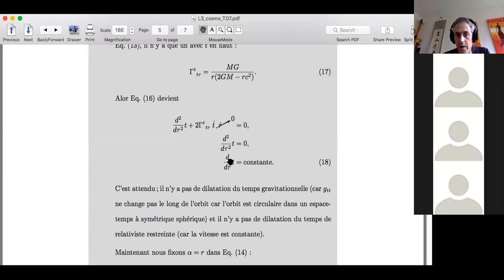So we have dt d tau is constant. I know this must look funny, right? The derivative of the coordinate time with respect to the proper time. But it's a question of time dilation, right?